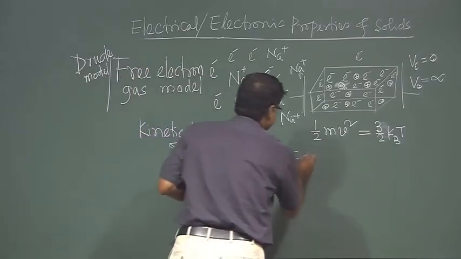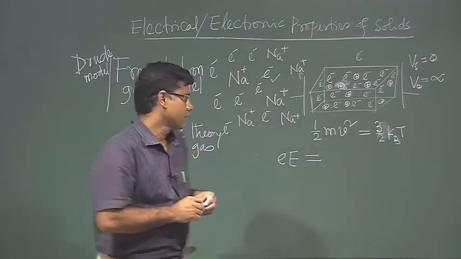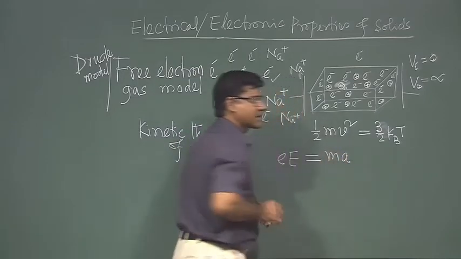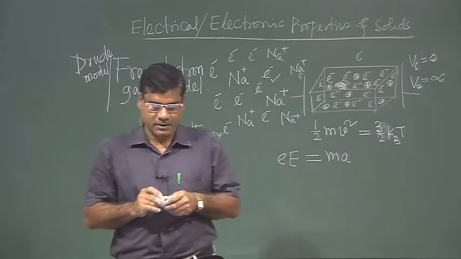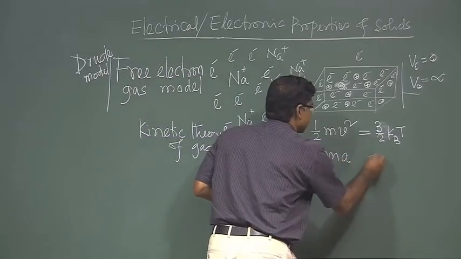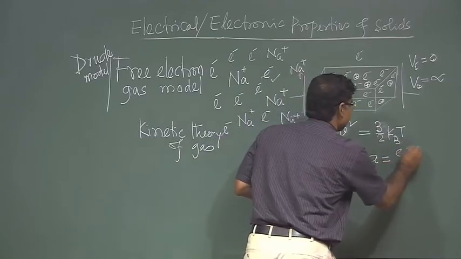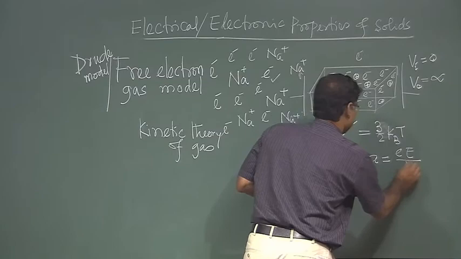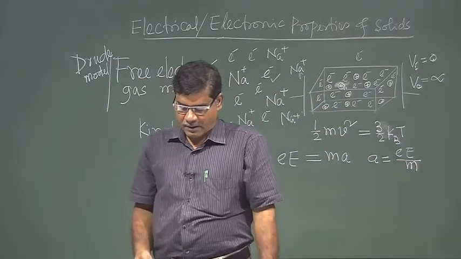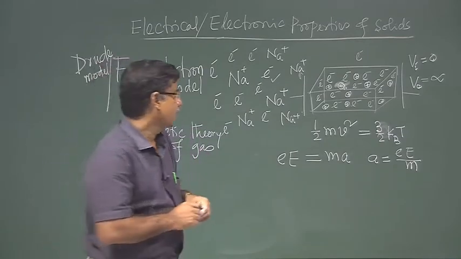Then to find it out, one can apply Newton's law. So, we can equate this with mass into acceleration, and from this one can find the acceleration a equal to eE by m, where m is the mass of the electron and capital E is the electric field, right.